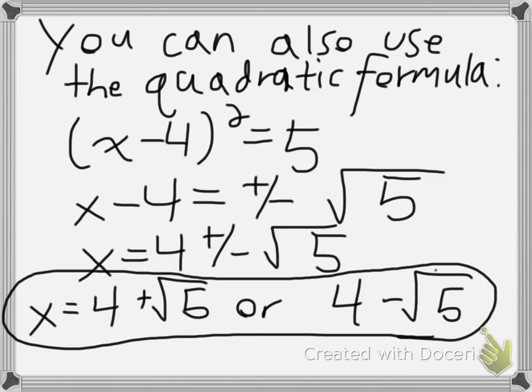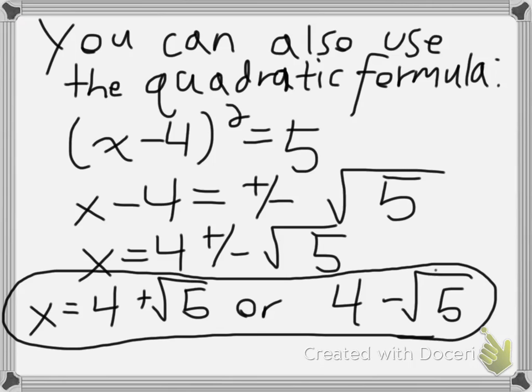Okay. You can also use the quadratic formula to solve problems. Right now we got x minus 4 in parentheses to the second power, and it's equal to 5. You gotta do it. Just start right there. And then you divide each side.